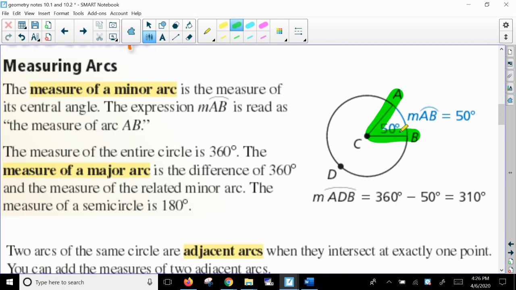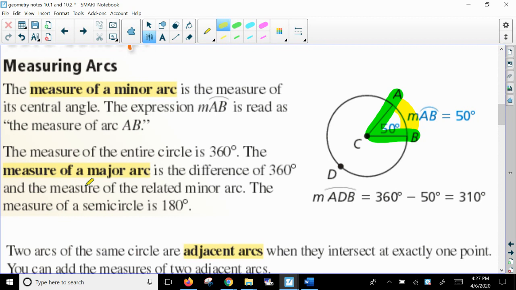Now, I'm going to look at my angle, and I'm looking inside of the mouth of the angle. It's like the angle is eating part of the circle. So the angle is eating this much of the circle. You feel me? So that is your minor arc, and it's going to be the same as whatever the angle measure is. So since the angle is 50 degrees, then the arc inside of that angle's mouth is also 50 degrees. Okay? So that's how you find a minor arc.